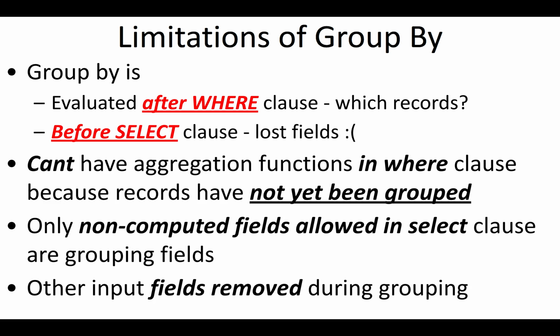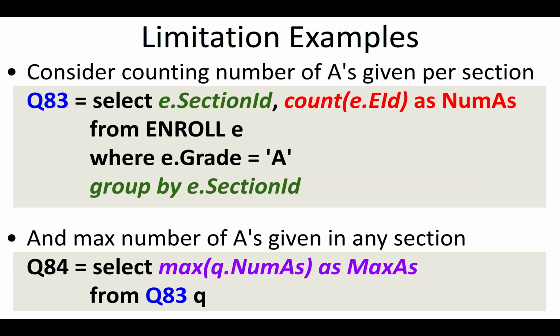I can't say where the average is equal to 32. I can't put an aggregate in the where clause because I haven't grouped yet. Makes sense? So you cannot put aggregates in the where clause. And only aggregated fields in the select statement, because the original fields are removed.